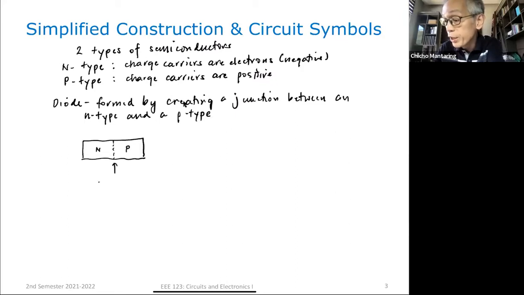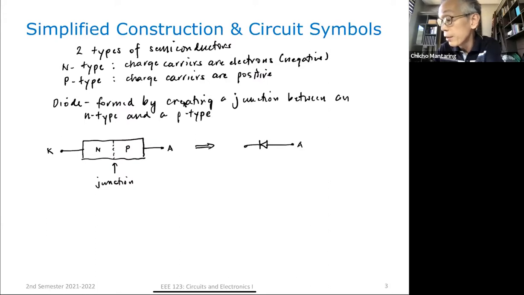And here you have what we call a junction. The N-type is your cathode, so that is K, and the P-type is your anode, that is A. In other words, this is equivalent to a diode that is pointing to the left, anode and cathode. That's why you sometimes refer to your diode as a junction diode.